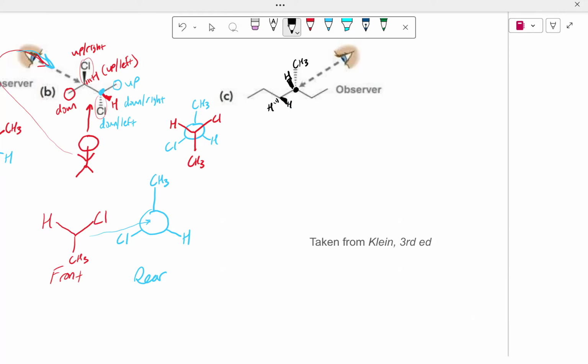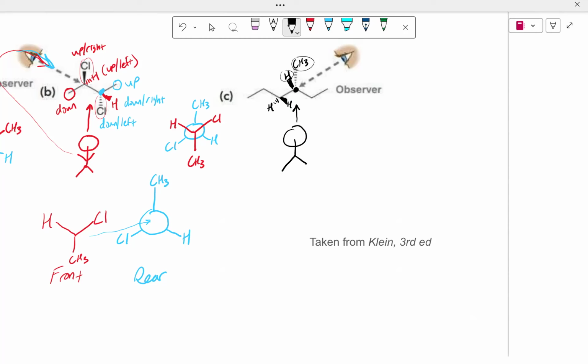Now it changes the game a little bit because again, if you were observing this compound from this direction, that hydrogen right here would be coming out at you, and this CH3 would be going away from you.